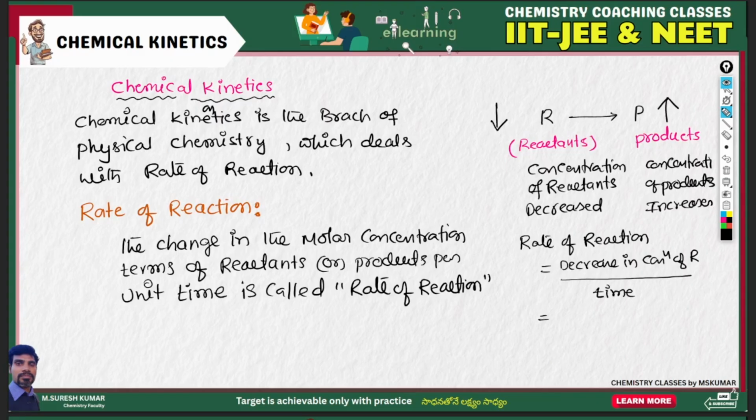Similarly, it is also equal to the increase in concentration of product per unit time. So this is the relation between rate of reaction and the concentration of reactants and products. I hope you all understand, right?